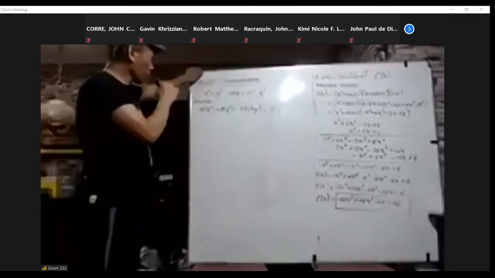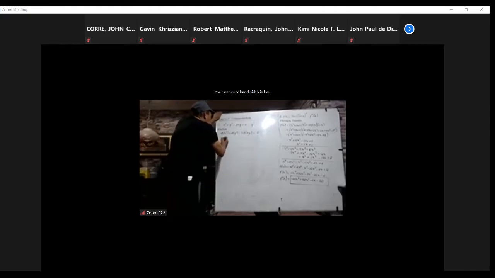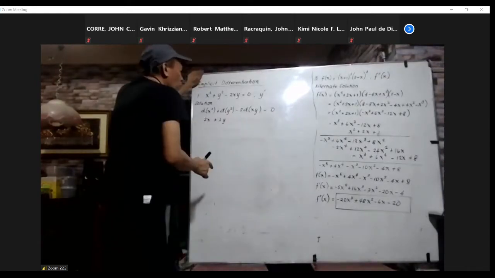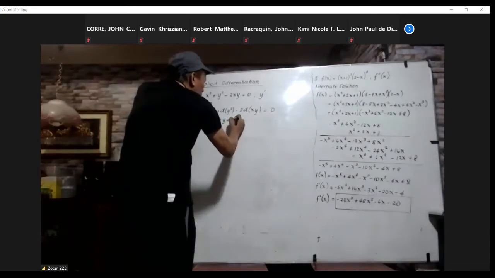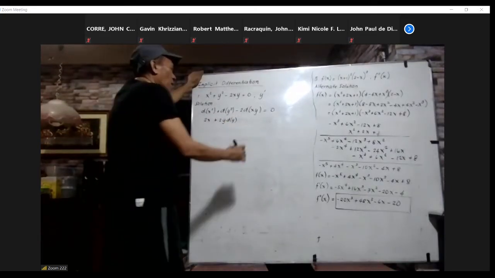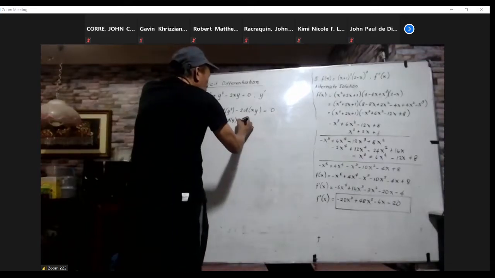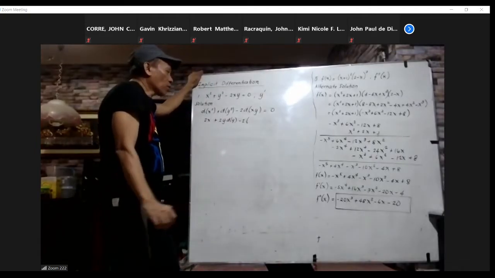Derivative ng x squared with respect to x, ang sagot natin ay 2x. Then plus 2y, derivative of y squared is 2y, then samahan natin ang derivative of y, kasi derivative of y with respect to x. Then minus 2, then papasok tayo sa multiplication rule.